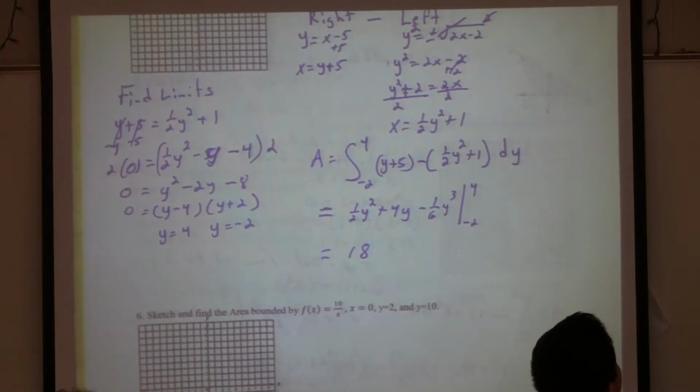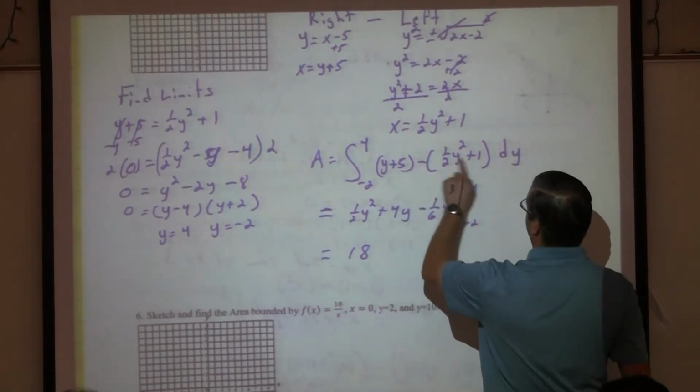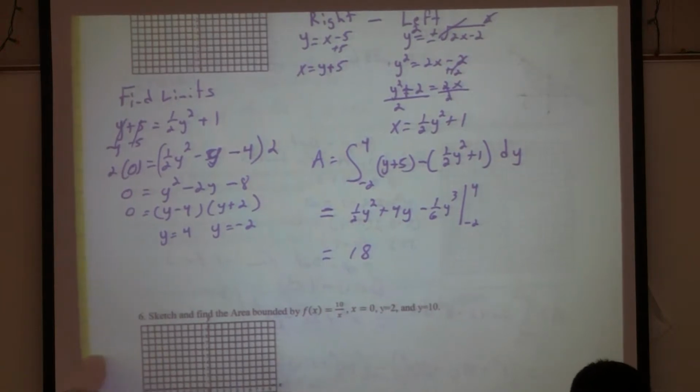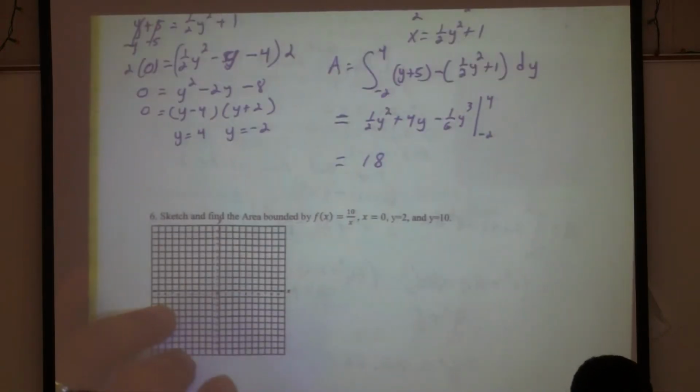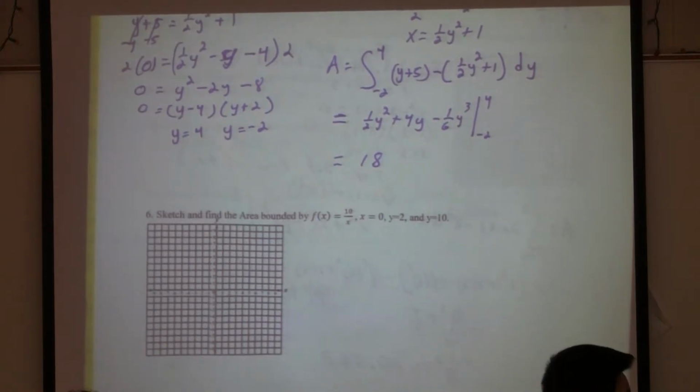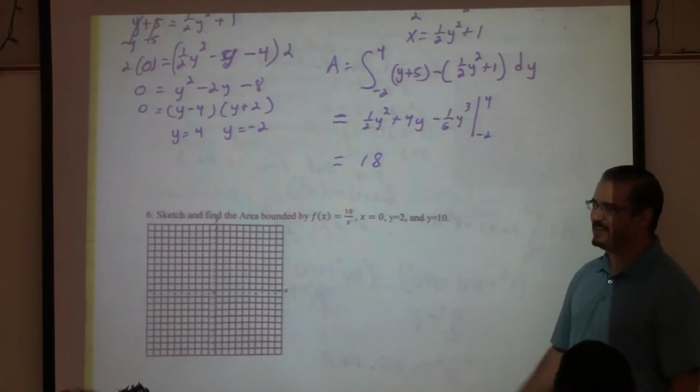Where did I get the plus 4y? Because the 5 minus the 1 makes it 4. Okay. Now it took a little longer. We put it in the calculator. Okay, that works. You can work it out if you wanted to, and you will get 18.